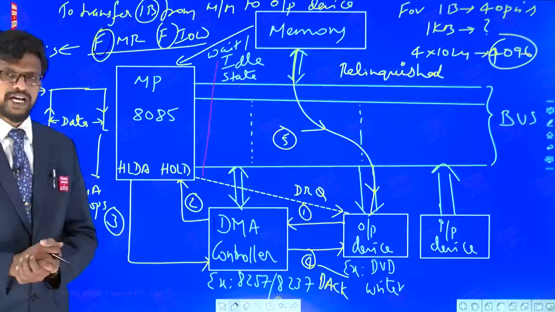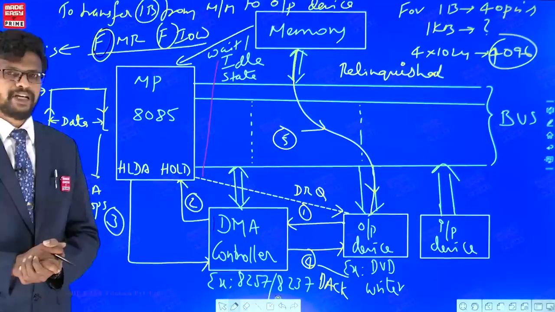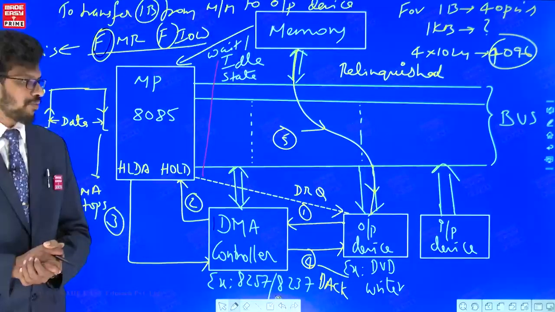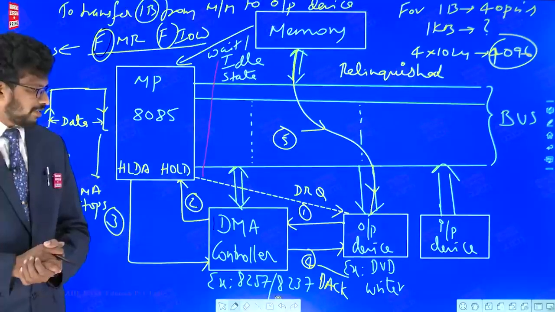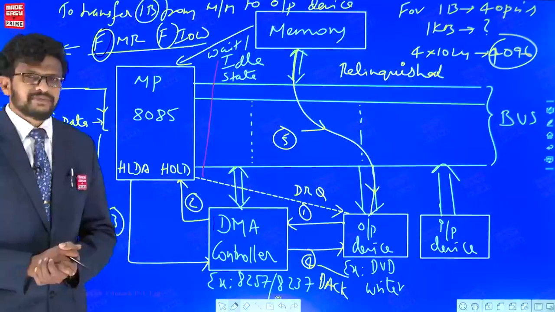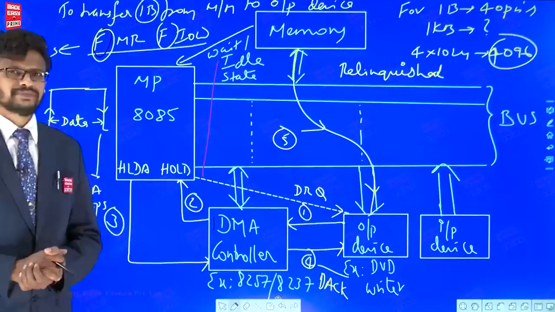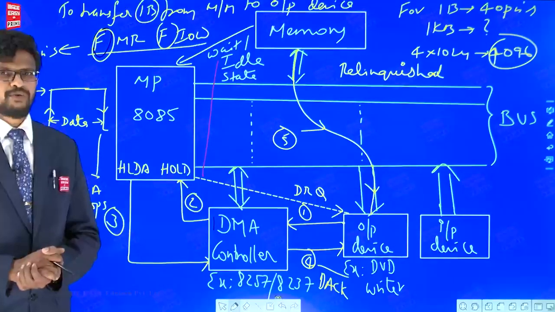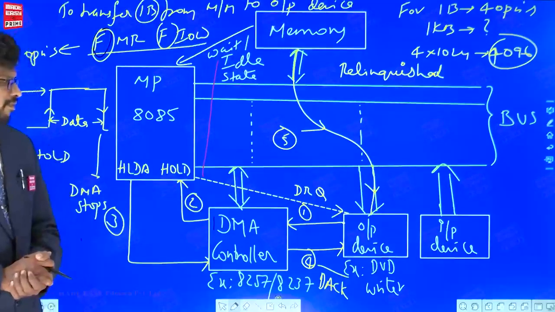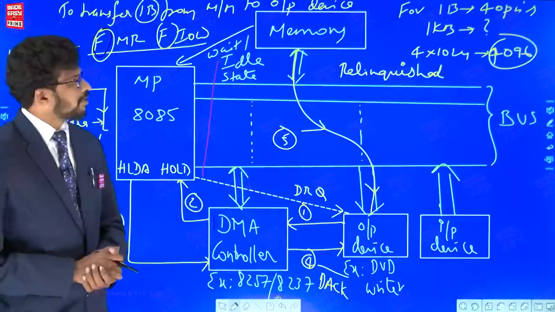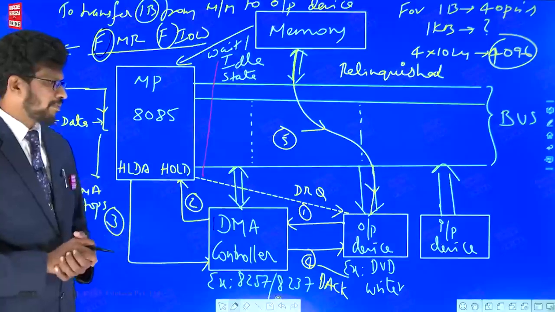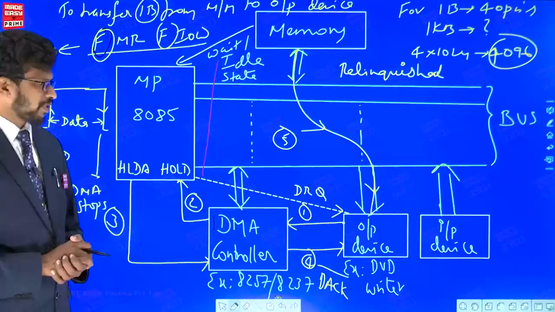This process is known as direct memory access operation. The DMA controller can support 4 IO channels with respect to priority. Okay.